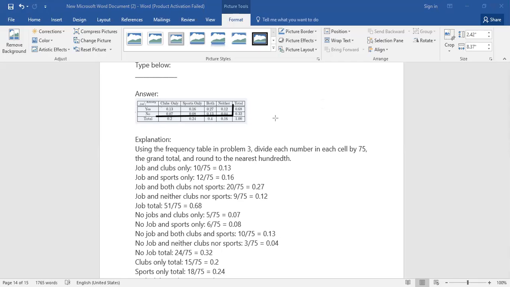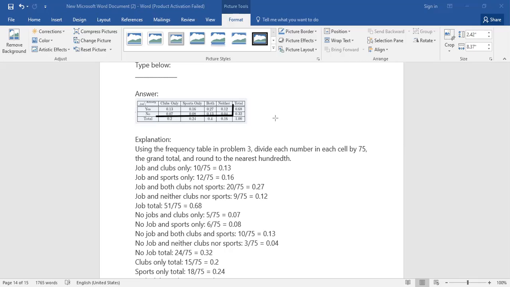Then he said, give the joint relative frequency of the students surveyed who participated in school clubs only and have a part-time job. Then where is club only and have a part-time job? Which part? Club only, okay, and have a part-time job.